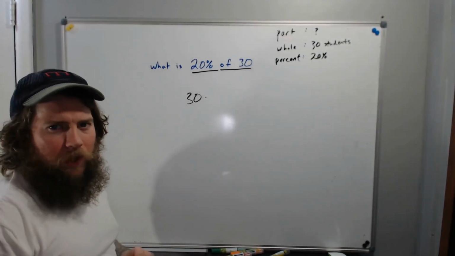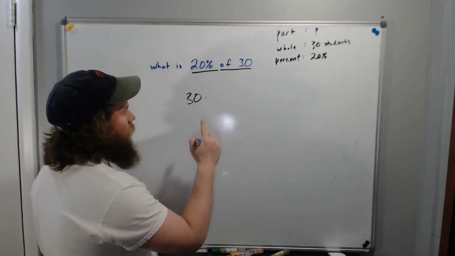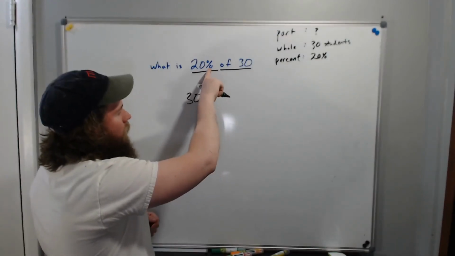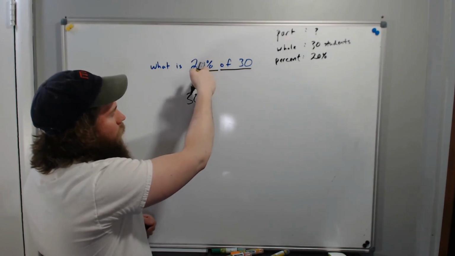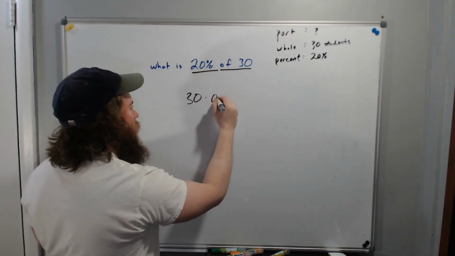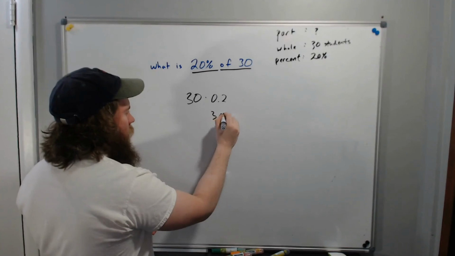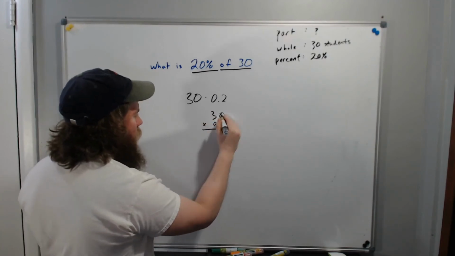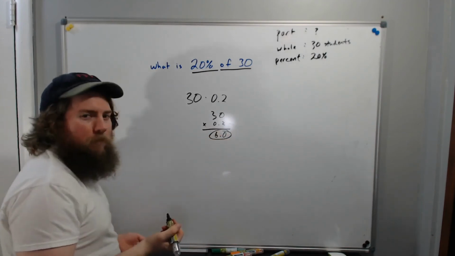We have to convert it to either a decimal or a fraction. So if we convert it to a decimal, we're dividing by 100, so we need to move the decimal 2 places to the left, and we get 0.2. Okay? And so this becomes 30 times 0.2, 0, 6, 1 decimal point, 6.